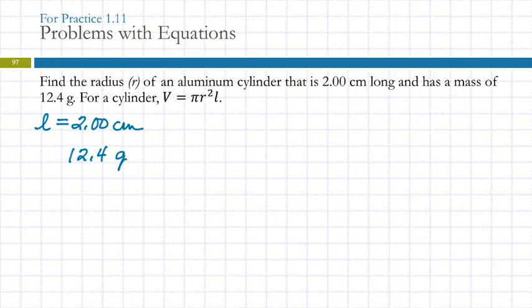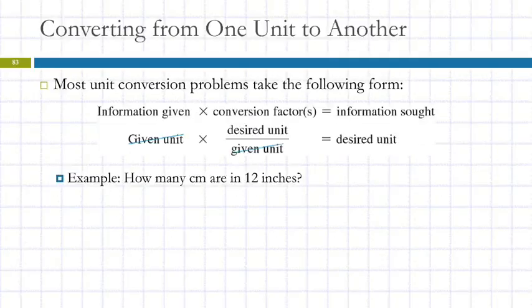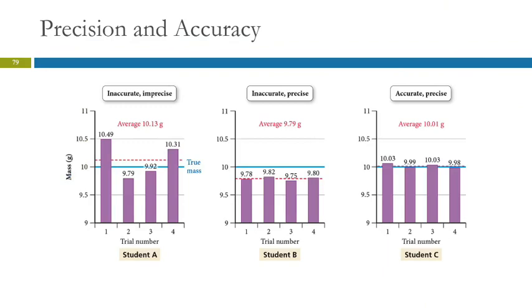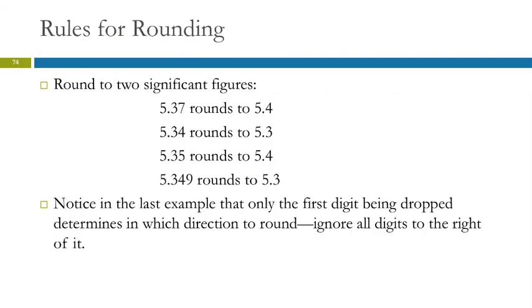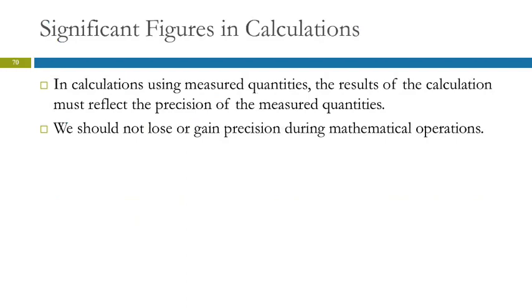I have the mass. I need a density. They didn't give me the density. What kind of material is this made of? Aluminum. There's a table in the book that gives densities. We're going to go back there.